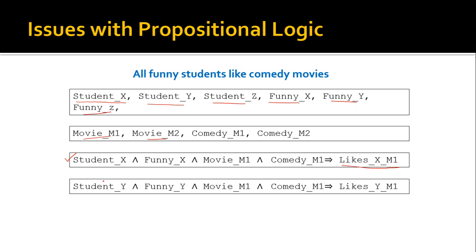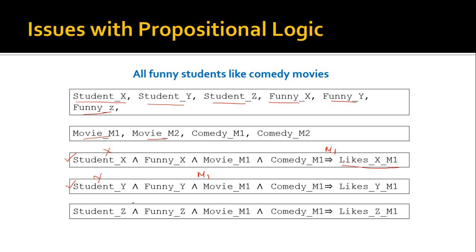So we are stating the similar thing for Y. This is for X, M1. This is for Y, M1. Similarly, we have to write a similar statement for Z, and so on and so forth. And you need to see that we are doing this for all the combinations. You can perceive that the number of statements needed to capture this simple statement is going to be very huge, and this is where propositional logic is lacking.